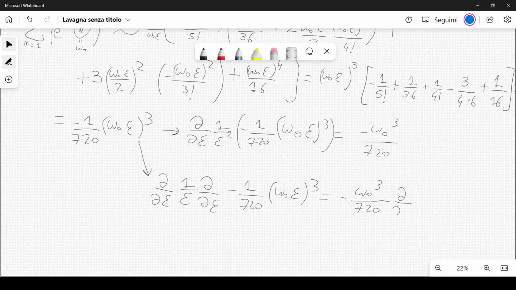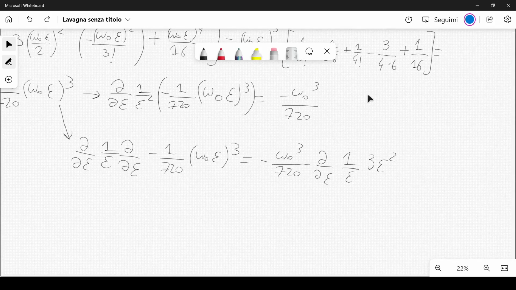You have to take the derivative of 1 over epsilon multiplied by 3 epsilon squared. So I have already taken the first derivative here. And then that's very simple. It's minus 3 omega 0 cubed divided by 720, like this.